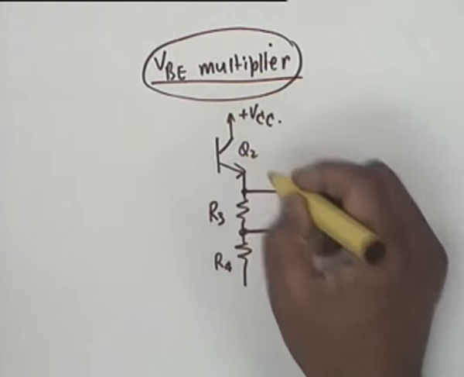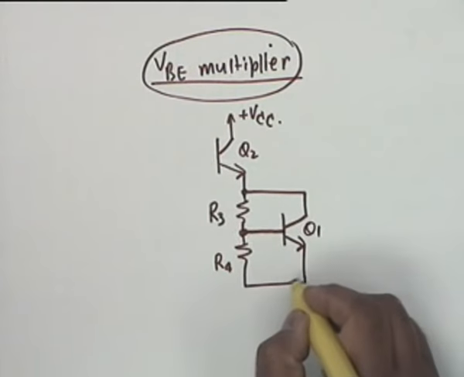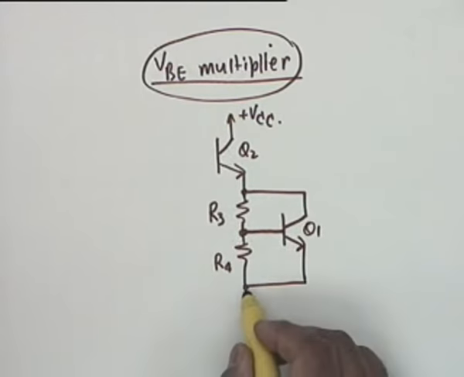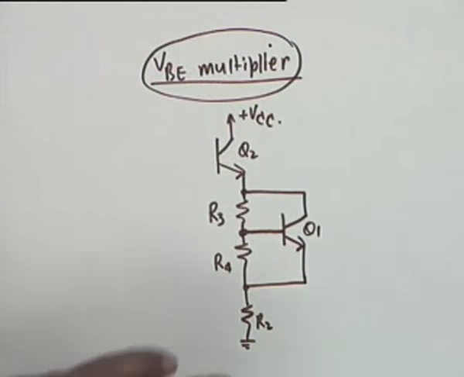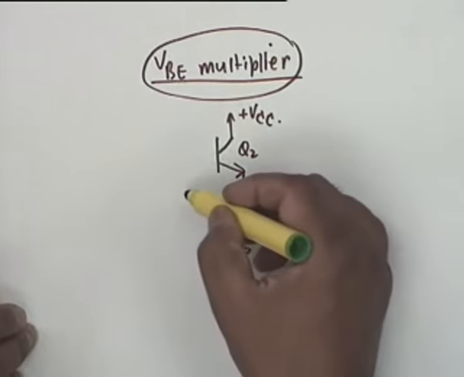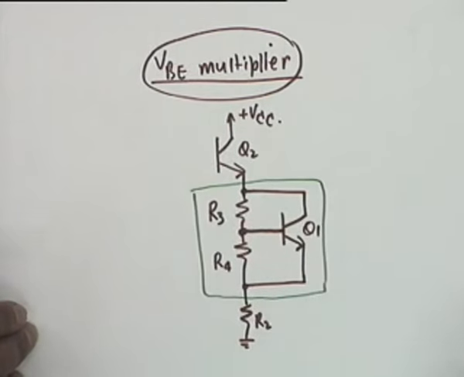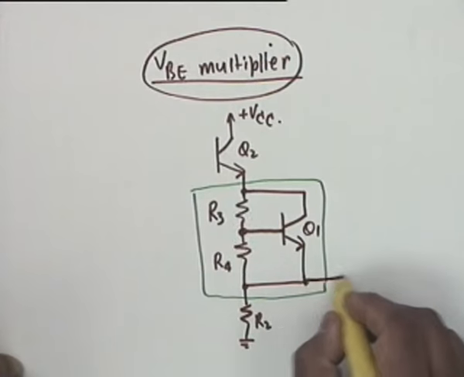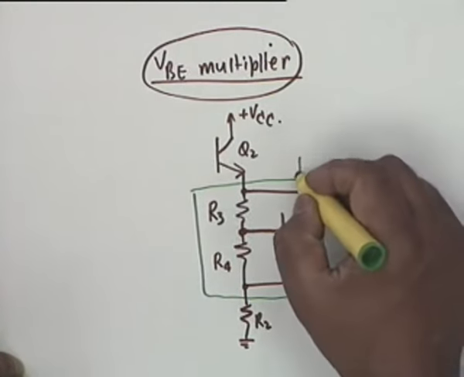This is Q2 and this is Q1, and the emitter is connected here. Then you have the usual R2. The place of R1 has been taken by this. The output is taken from here, V0. This is called the VBE multiplier.